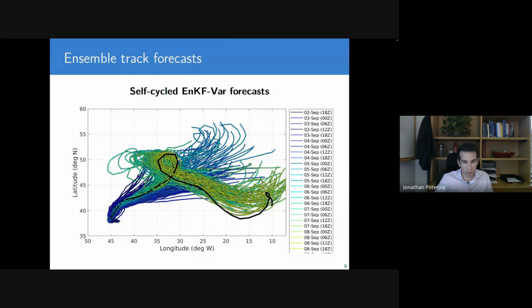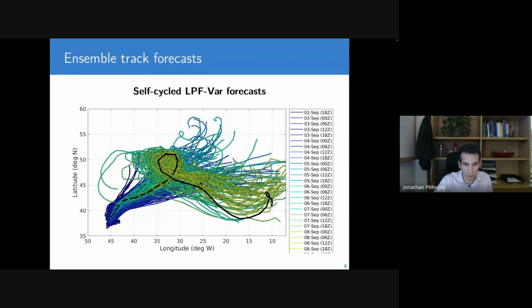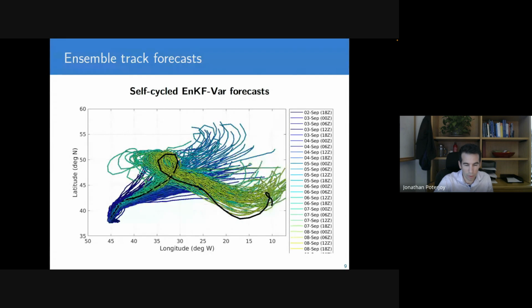Here's just an example of a bunch of ensemble forecasts that were run for Hurricane Danielle as it underwent extratropical transition, a very complicated setup. Then I want to show you the next slide, which is the same result, but for the particle filter. I could toggle back and forth between these.